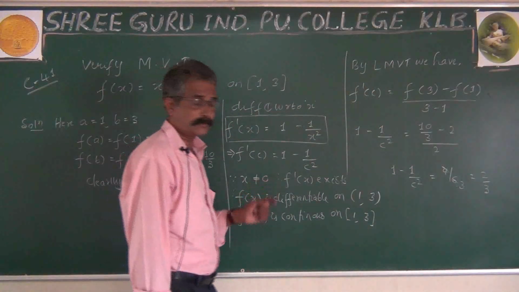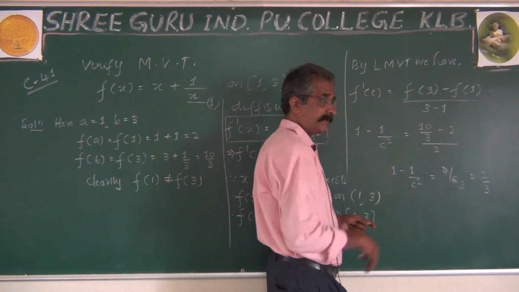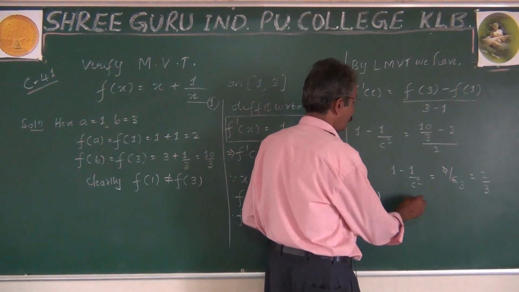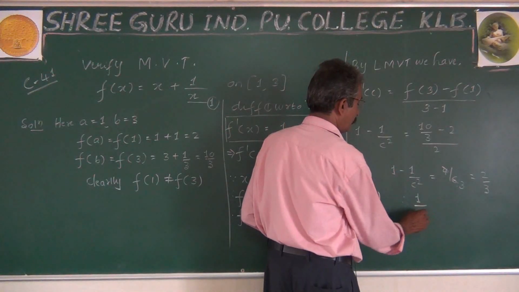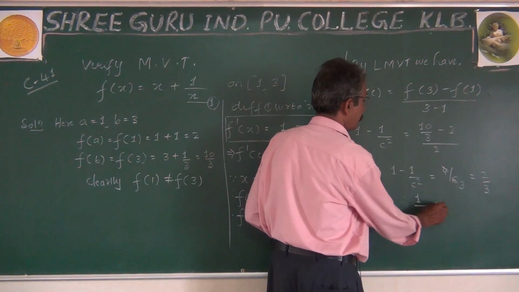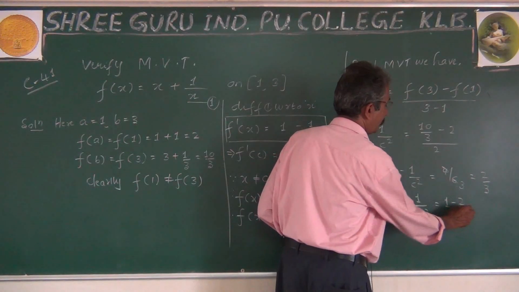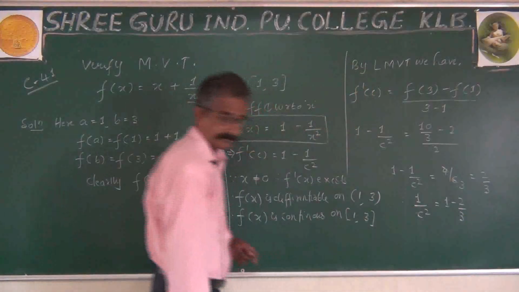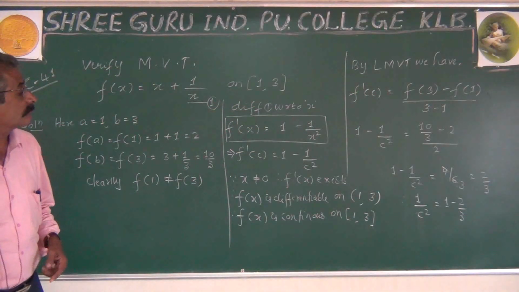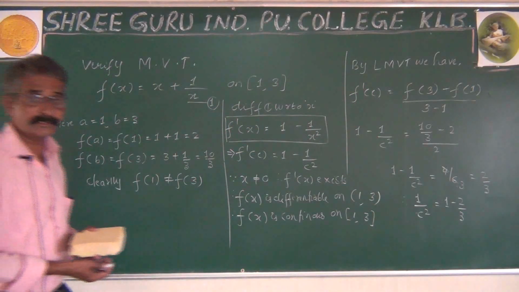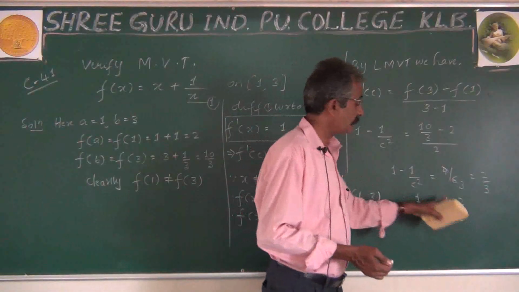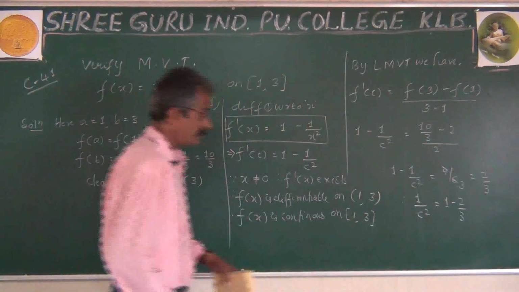We shall solve for c. We shall exchange the terms to either side, which implies that 1 by c square equal to 1 minus 2 by 3. Further, on the right hand side, LCM is 3: 3 into 1 is 3, 3 minus 2 is 1.